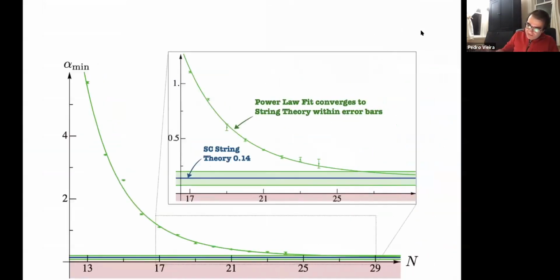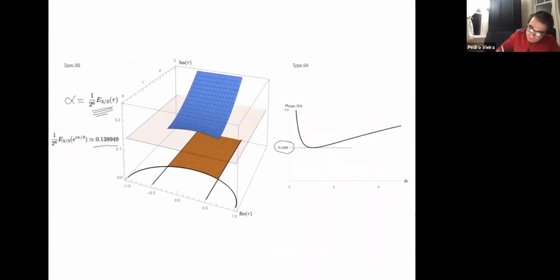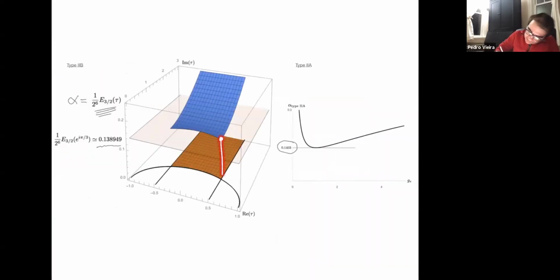But the conclusion is that this value that we seem to be converging to is strongly coupled string theory. This would be some strongly coupled point, this point here, tau equal e to the i pi over 3 in this complex coupling plane. And in type 2a, it's some strongly coupled value of the coupling where this alpha is minimum.